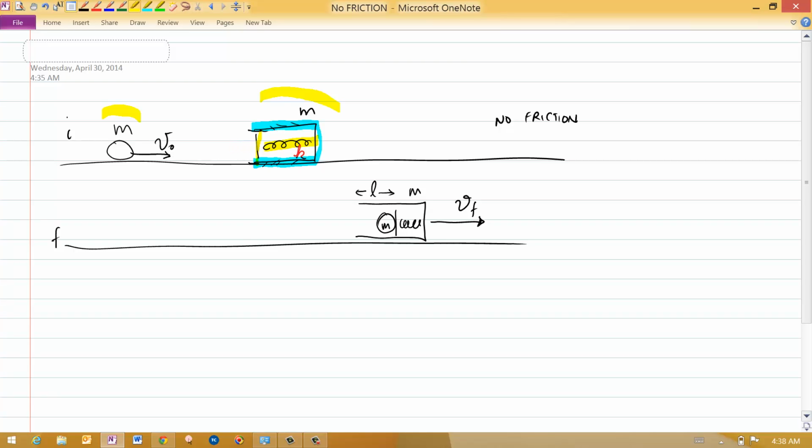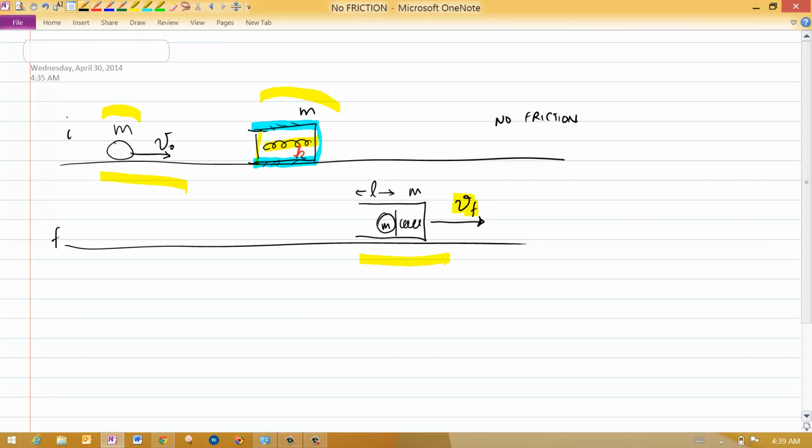With the plunger compressed, there'll be some energy stored in the spring, and there's a ratcheting mechanism so that once it's compressed, the spring won't expand again. This mass is going to come inwards, and as soon as it hits this platform, it will start to compress the spring, but then the object is going to move forward, and eventually they'll both be moving together with the same final velocity.